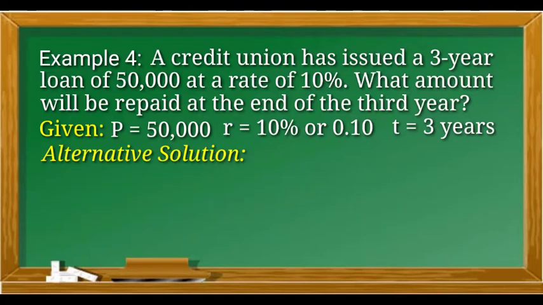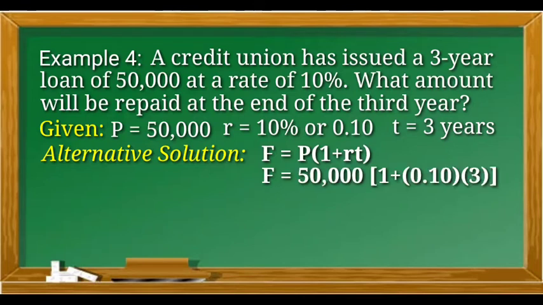Or, since the problem is asking for the amount, we can go immediately to solving for F using the formula F equals P times the quantity 1 plus RT. So we have F equals 50,000 times the quantity of 1 plus the quantity of 0.10 times 3.